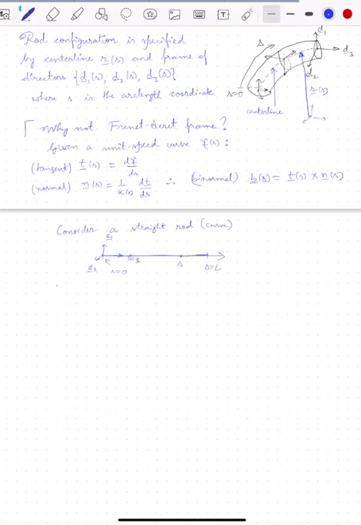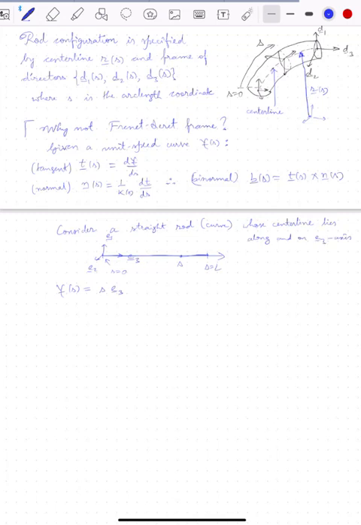Now gamma of S in this case is S times E3. That is the center line. So we have a straight rod whose center line lies along the E3 axis.